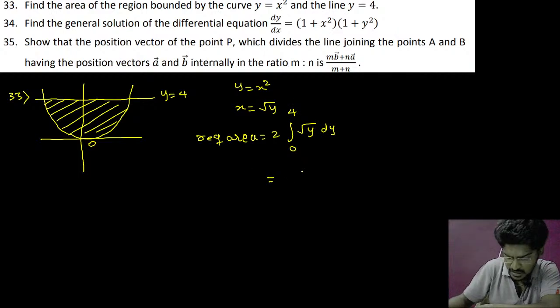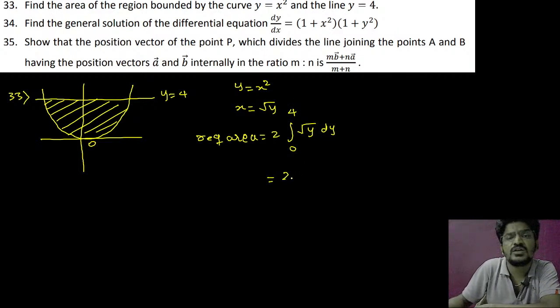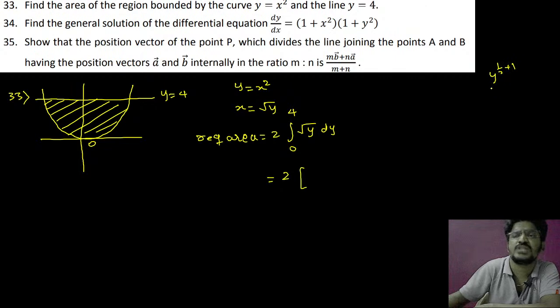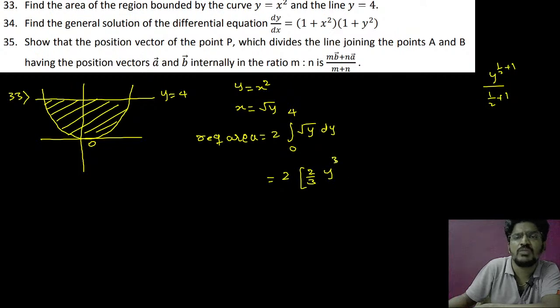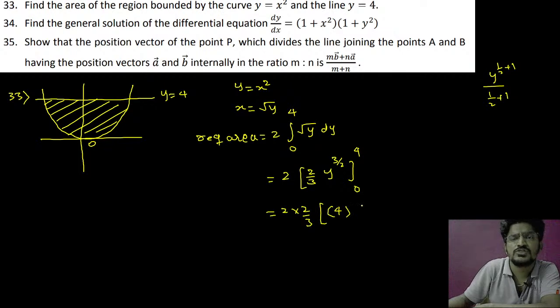So 2 times this: root y is nothing but y to the power of 1 by 2, plus 1, that is 3 by 2. So that will be 2 by 3 y to the power of 3 by 2, from 0 to 4. Lower limit is 0, you can neglect it. 2 into 2 by 3, upper limit is 4, so 4 to the power of 3 by 2.